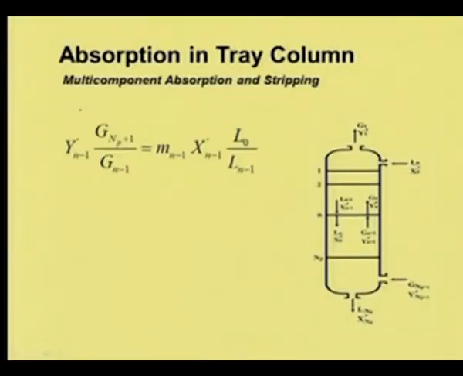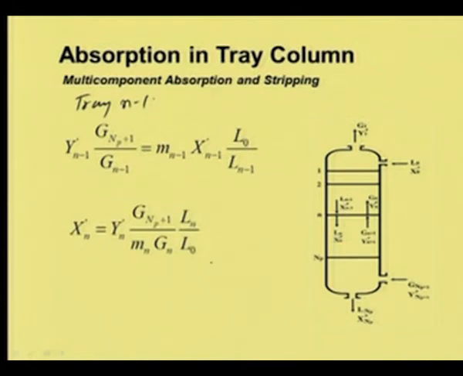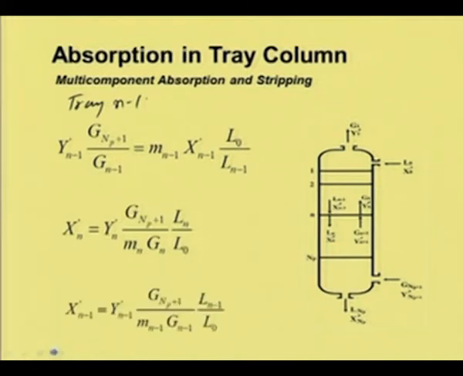Similarly, for tray n minus 1, we can write this equation, and then we can obtain x n dash is this and x n minus 1 dash is this.